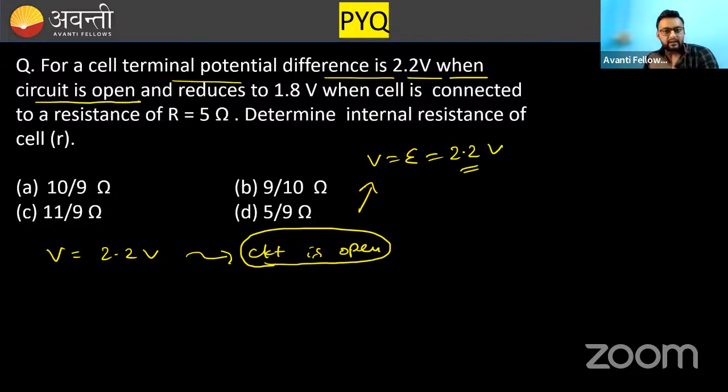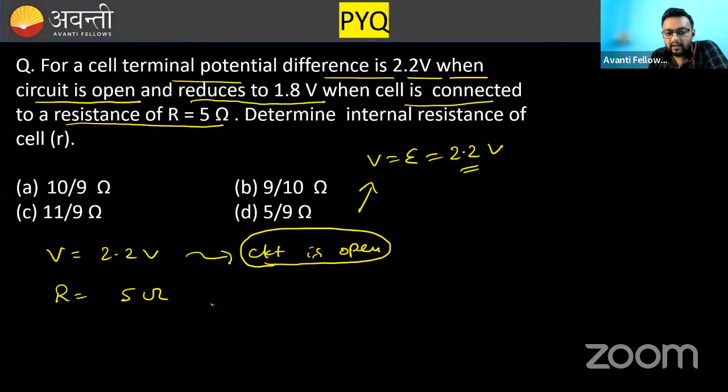The statement is very much clear. Now again they are saying it reduces to 1.8 volt when the cell is connected to a resistance of 5 ohm. Now they are saying that external resistance is 5 ohm, and when the circuit is closed, its terminal potential becomes 1.8 volt.